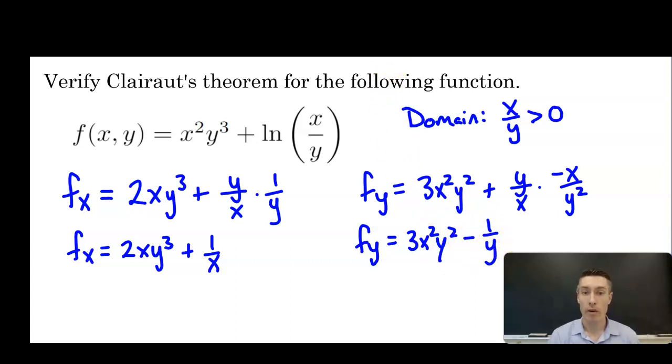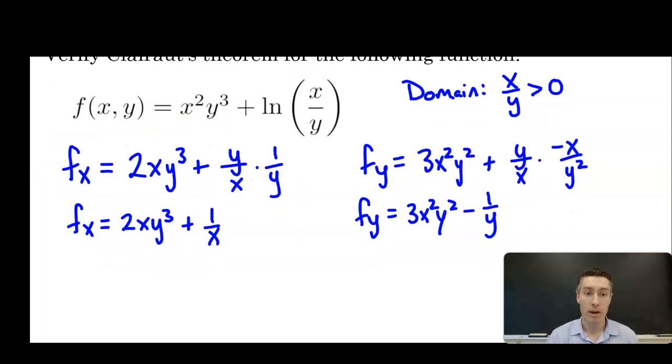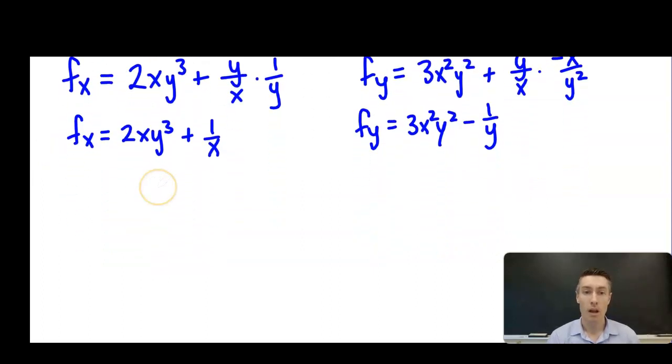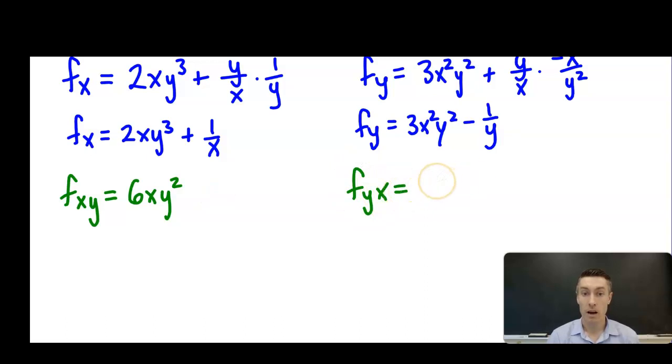Now, we're only verifying Clairaut's theorem, so we don't need to find all of the second order partial derivatives, just the mixed partials. So now differentiating with respect to y here, we have 6xy squared plus 0.